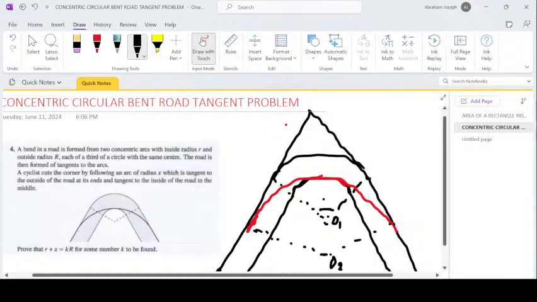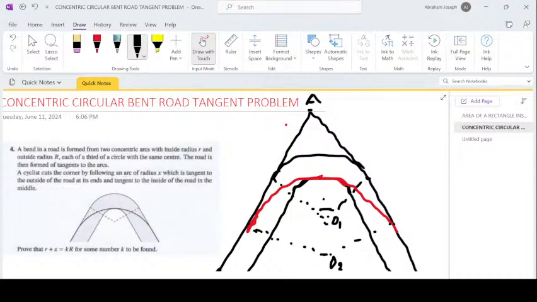Let's call that point A. If we also extend this tangent, let's call that point B. Now it is easy to see that if we join the line A, B, O, O1 and O2, it is going to be a straight line because this whole thing is symmetric, right? So that's the first thing.